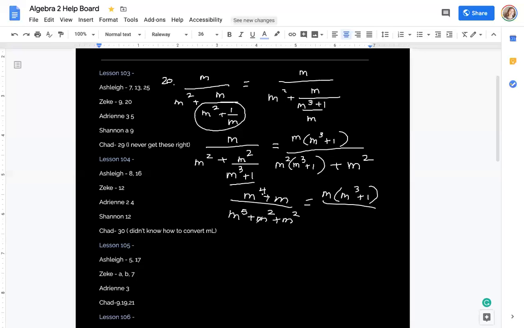Down here, this is going to be 2m squared. If I take an m out of that one, I'm going to get m to the 4th plus 2m. Then we just cross these m's out, and this is our final answer. You have to be really careful on those. They're tricky.